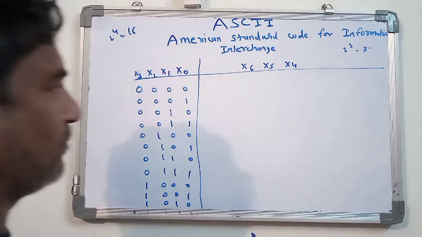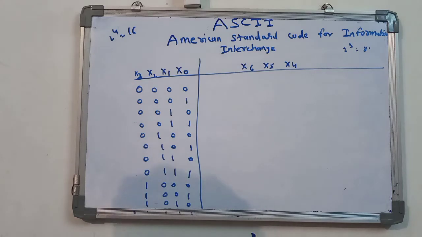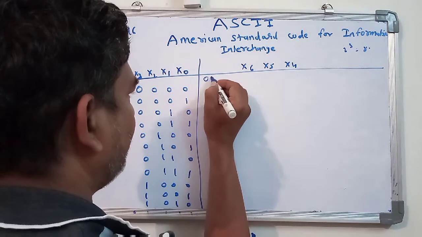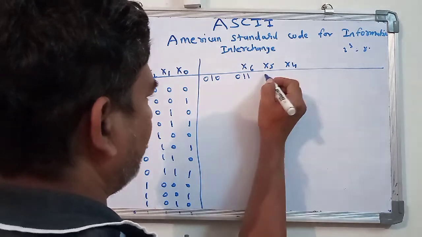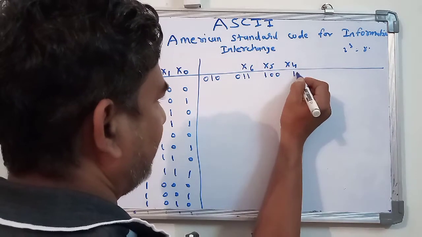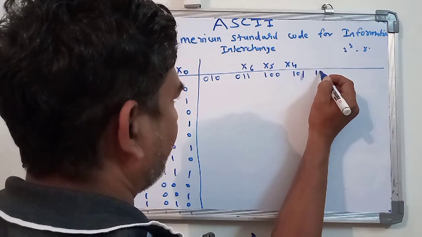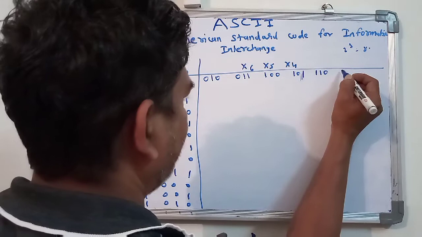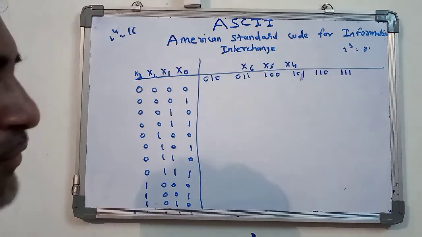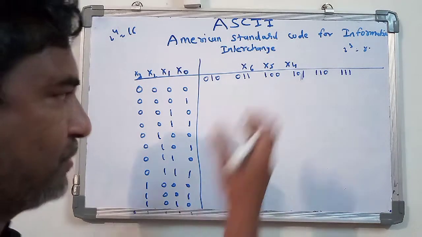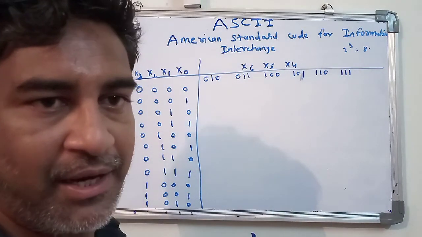Always that number starts from 0, 1, 2, 3, then 4, 5, 6, then 7. Okay, up till 111 you have to write down that particular 3-bit value. This 3-bit and this 4-bit will give you the 7-bit configuration for that particular ASCII table.